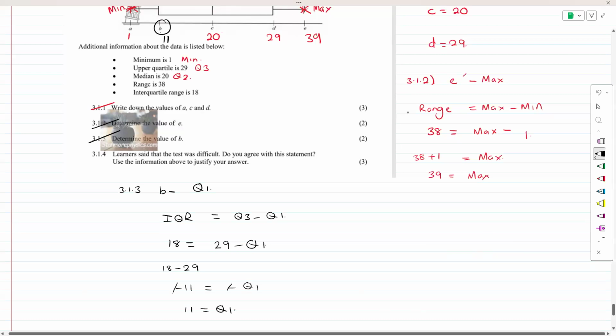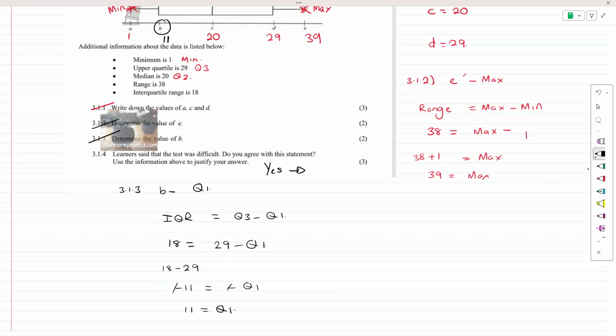This was generally an easy question. But it says learners said that the test was difficult. Do you agree with the statement? Yes or no? I would say yes, I agree with the statement.